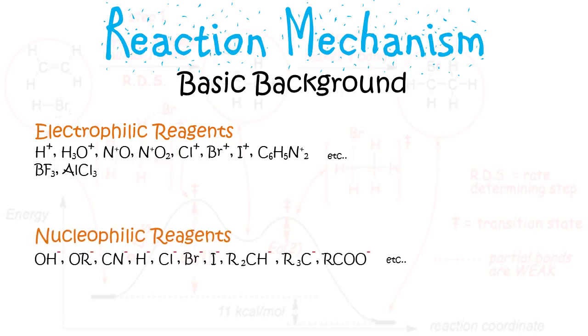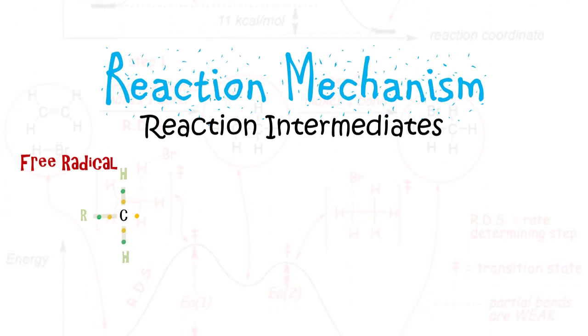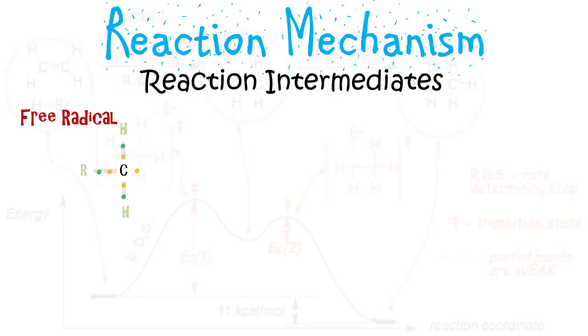Nucleophilic reagents are reagents which are attracted towards protons, and these get attracted towards positively polarized atoms in an organic compound. We will also read about reaction intermediates, and here we show how these are represented.